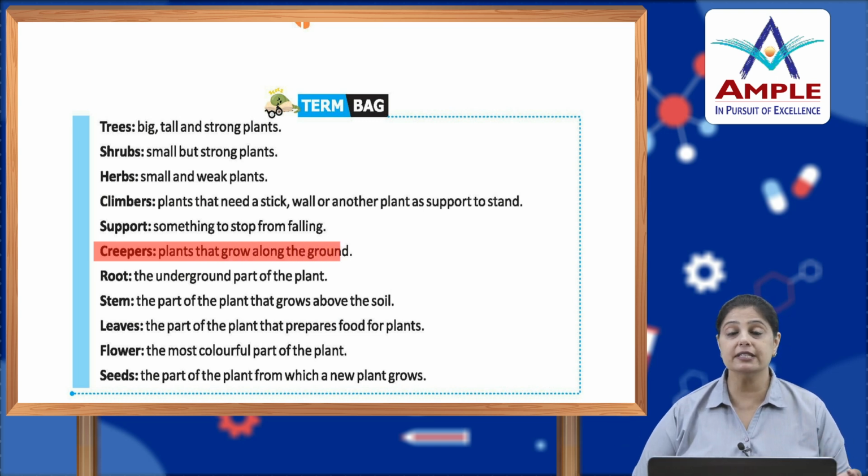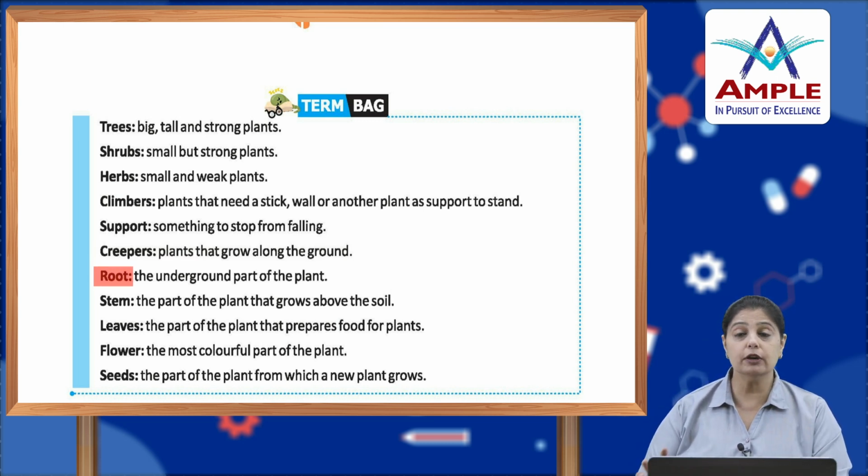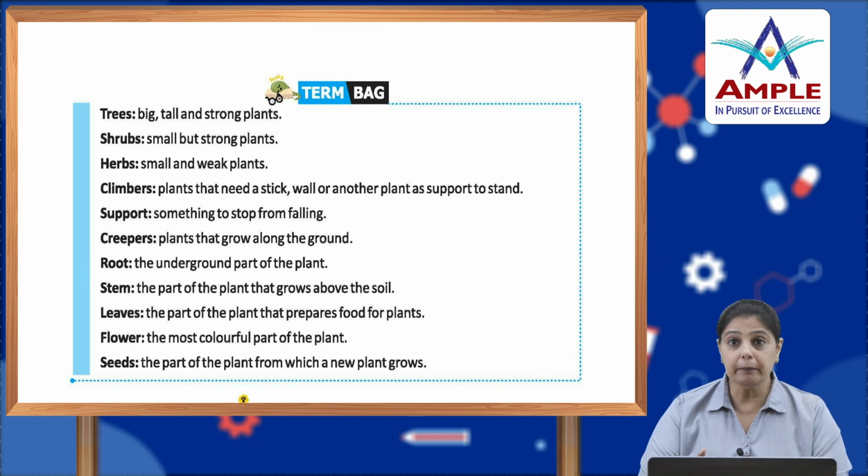Creepers. What are creepers? They are the plants that grow along the ground, okay, on the ground itself. Because if you look at the creepers, the pumpkin, for example, the watermelon, the fruit of this plant itself is so heavy, okay.